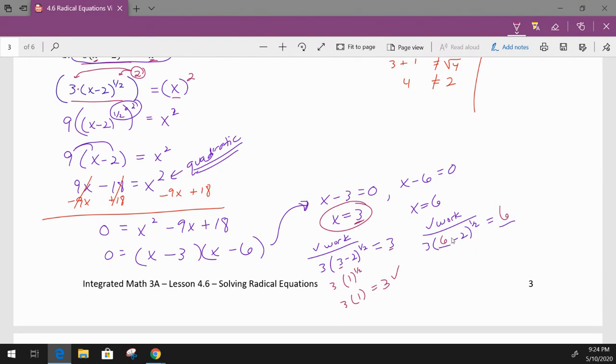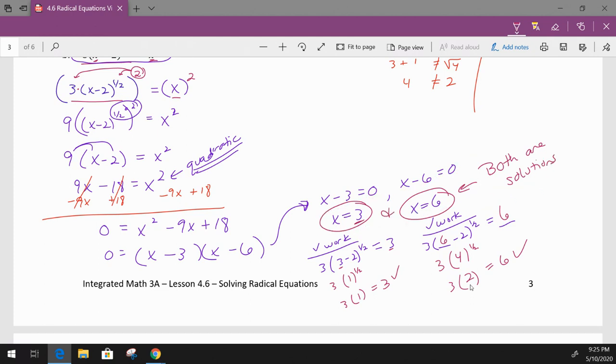So simplify the parentheses. 6 minus 2 is 4. 4 to the 1/2 power is 2, because 1/2 power is a square root. And 3 times 2 does equal 6. So both are solutions to the equation.